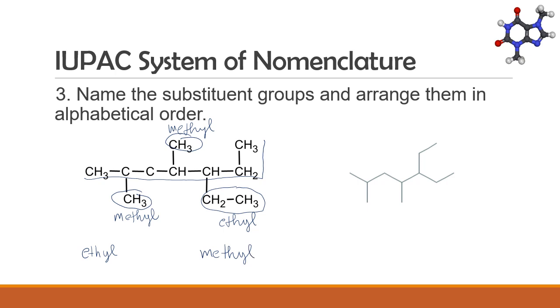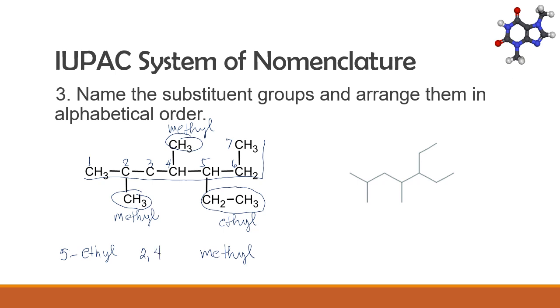And then, we have to include the carbon number of the parent chain to which the substituent is attached. So, ethyl is attached to carbon number 5. Because remember, our numbering is from left to right. Now the two methyls are attached to carbon number 2 and number 4.